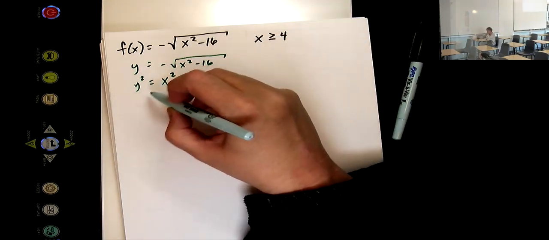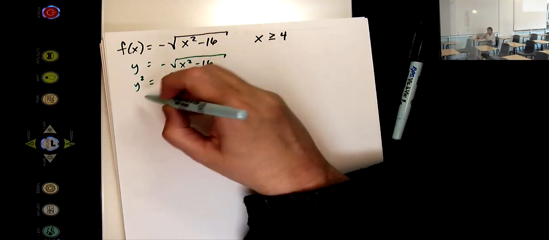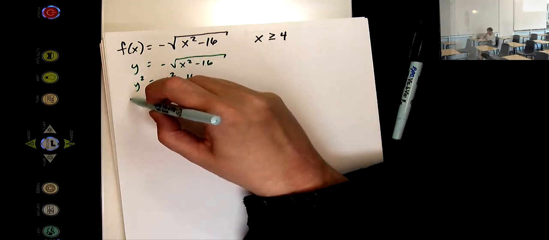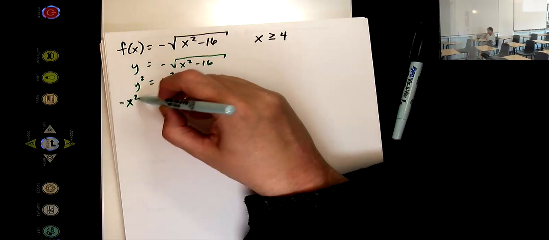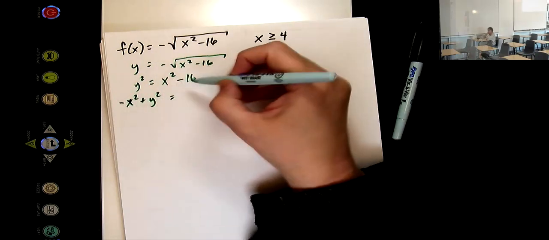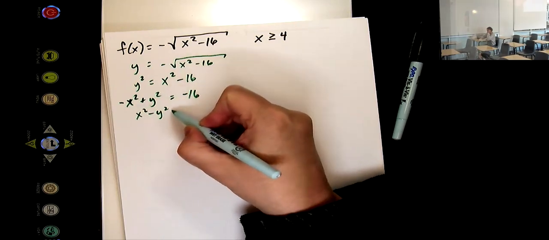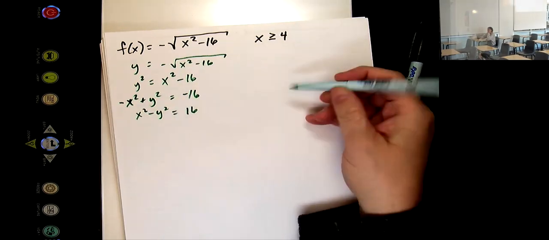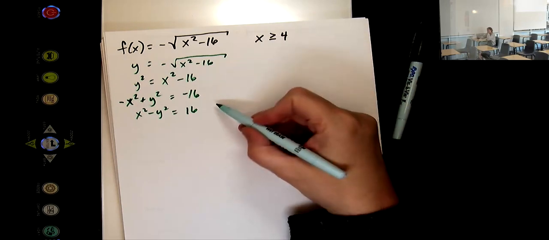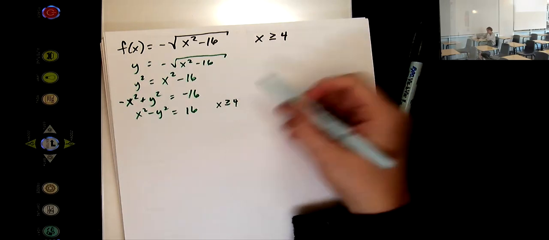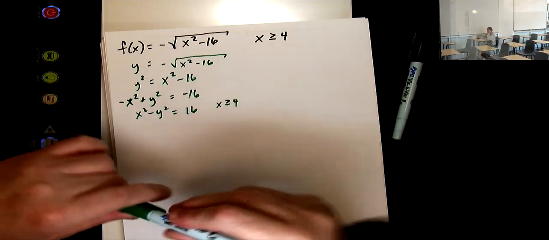If I move that over, I get negative x squared plus y squared equals negative 16, or if I do it the other way, x squared minus y squared equals 16. x has got to be greater than or equal to 4. This is a hyperbola.